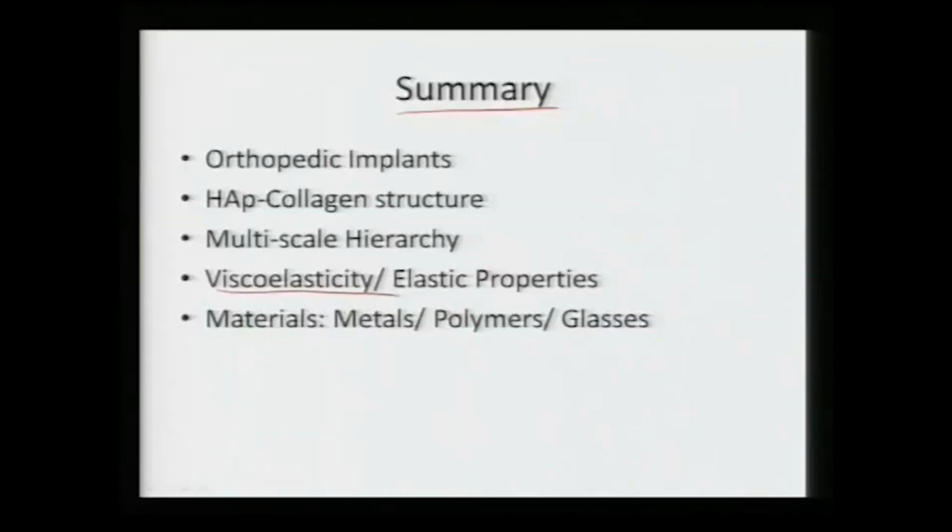So multi-scale hierarchy is one of the very critical components, and then it goes on to finding the viscoelasticity or elastic properties of the bone by applying the Kelvin-Voigt model or Maxwell model or a 2 or 3 element model, in order to estimate the overall property which can arise from this particular structure. And for the overall bone structure, we need certain elastic constants to estimate the elastic properties.